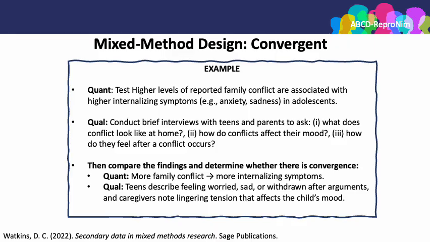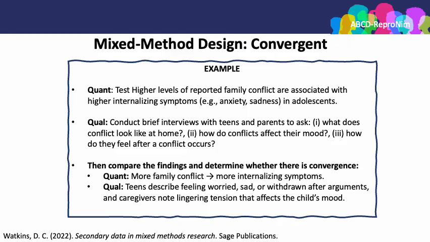Now, when it comes to the stages of comparing the findings and determining convergence, one idea here would be that with the quant, you're predicting that more family conflict is going to be related to more internalizing symptoms.